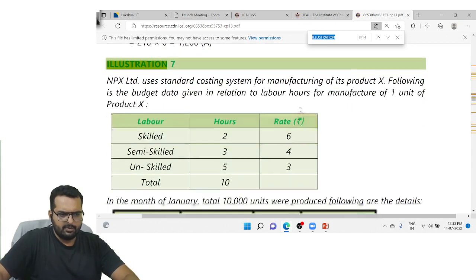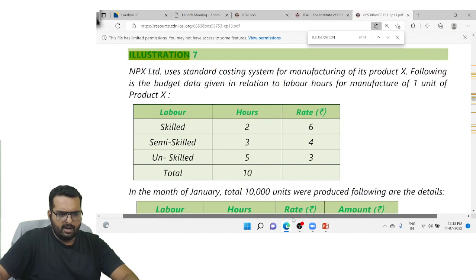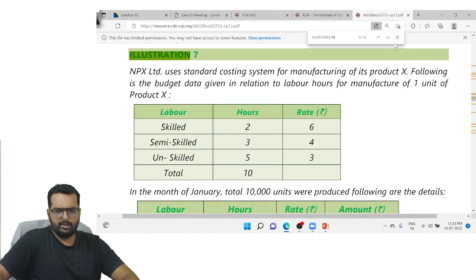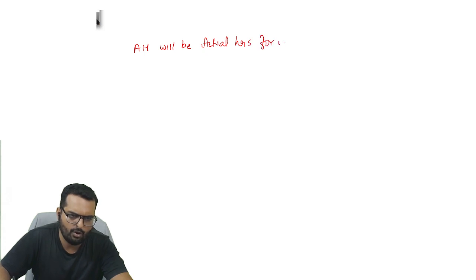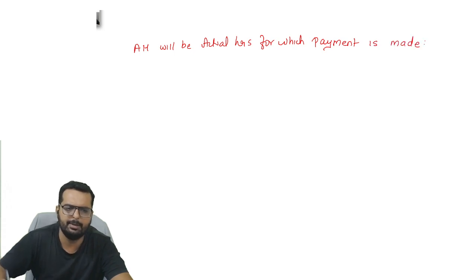Illustration 7 is the next one, right? Another problem on labor variance. Okay, so maybe you can write down a lesson. AH will be actual hours for which payment is made. Put it with reading pen only. For which payment is made.